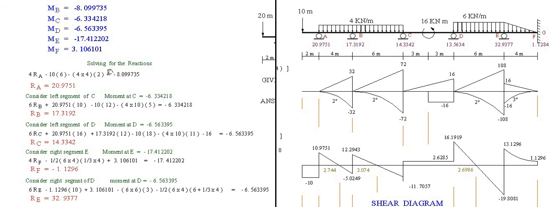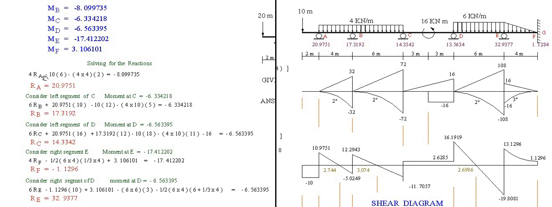RA is unknown. So moment at B is equal to this, 8.0997. RA times 4, unknown RA, minus 10 times 6, minus the uniform load of 4 by 4, centroid is 2.